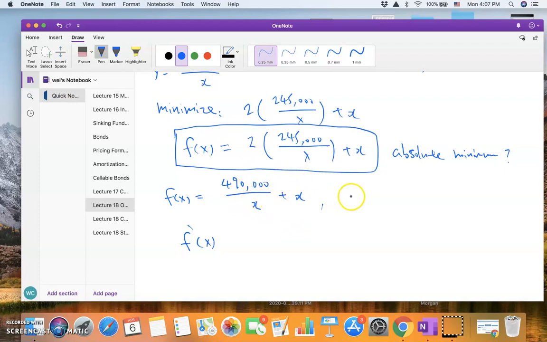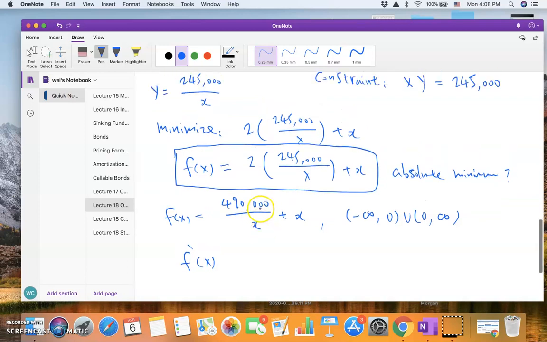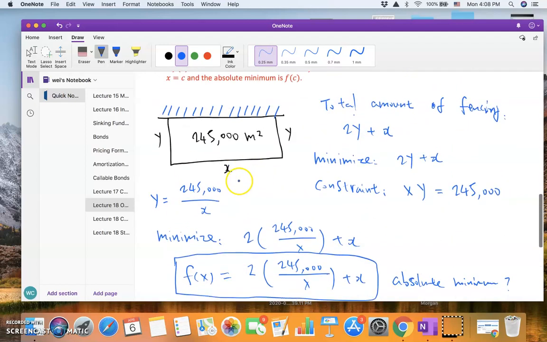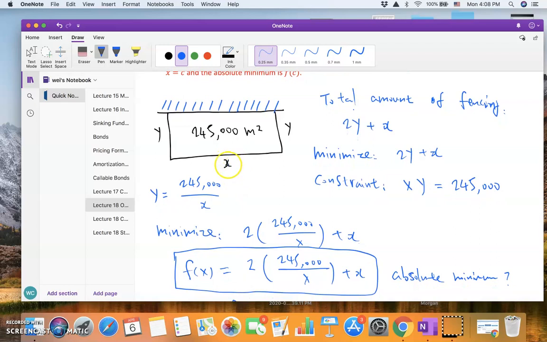Some students would say the domain is from negative infinity to 0 and from 0 to infinity because obviously x cannot be 0. However, they forget that this is a problem based on real life, right? And in this problem, x stands for the length of this side.